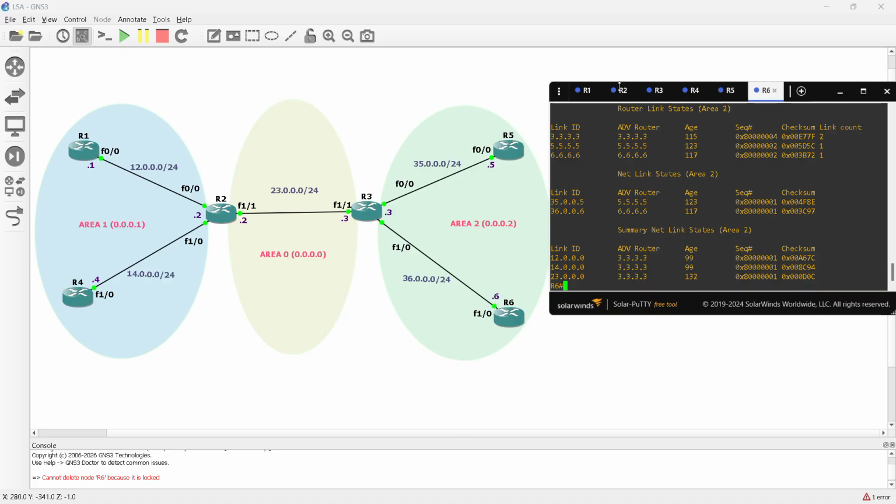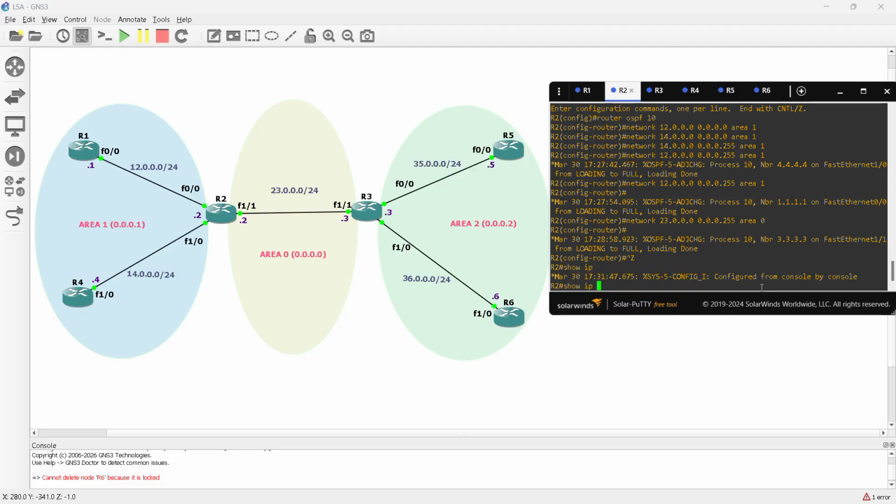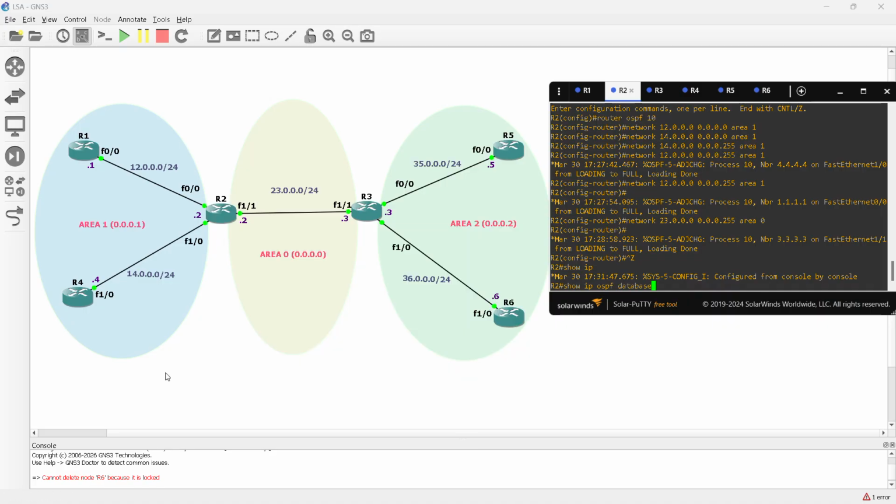Now we'll go to R2. Show ip ospf database. Here, how many areas will we encounter? You're talking about R2, which is an ABR, so it will have two areas, area 1 and area 0.